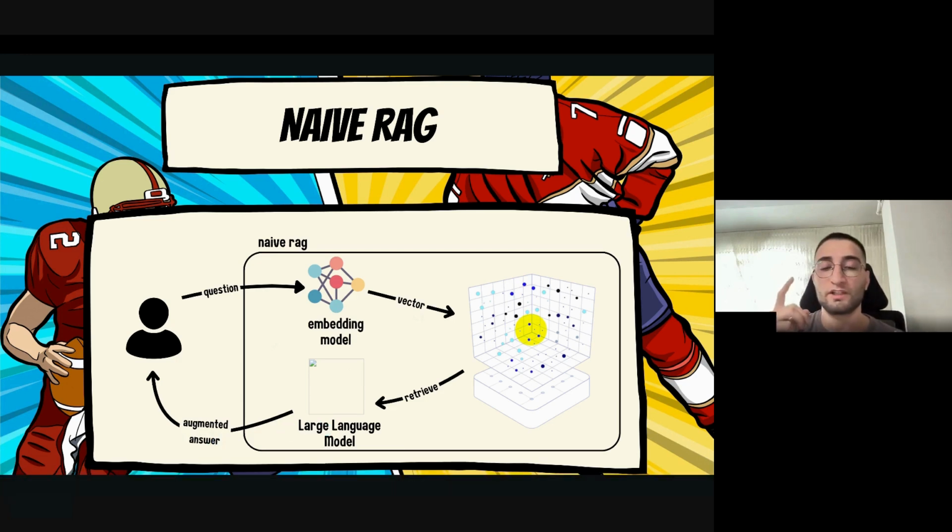So you can already have an answer to the question, but we don't know if it's going to have hallucination or a bad answer, and guardrailing should even be done after the large language model, because we don't know if your question has some bad wording, like racism etc. The large language model can just answer you with racism, and we need to prevent that kind of stuff. So this is the simple RAG: you're getting a question, turning it into a vector, doing retrieval, and then giving the answer to the user.